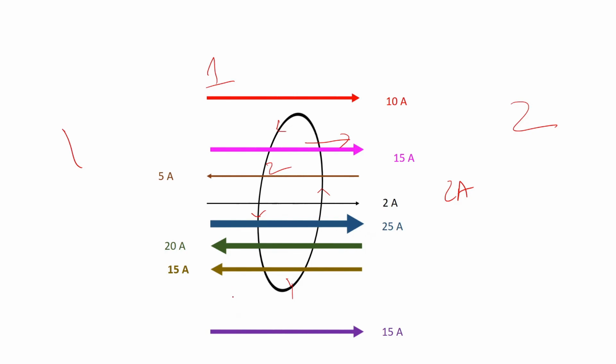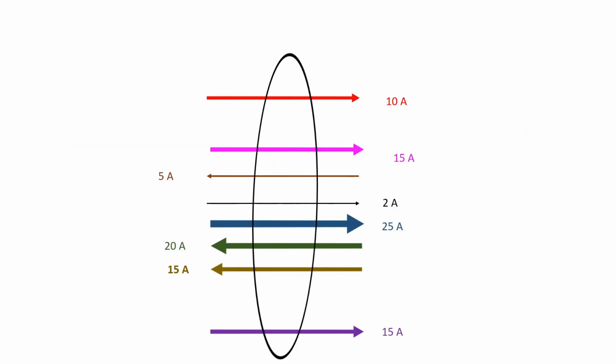Similarly, if you consider another path and you try to determine the circulation of magnetic field intensity because of this, if you curl your fingers in this direction, the thumb points in this direction, so we will get the current flowing in this direction, but actually the current is flowing in this direction.